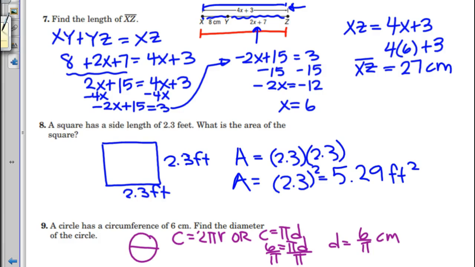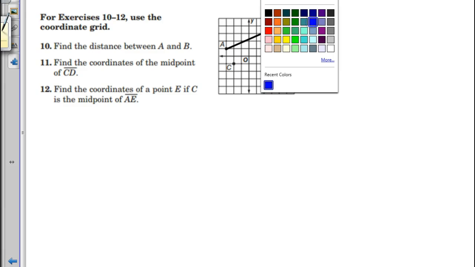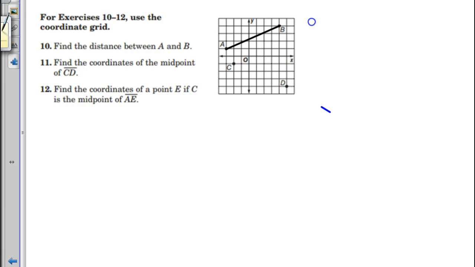All right, keep going. Number 10, find the distance between A and B. All right, so I'm looking for this distance right here. Several ways to do that. Let me get a color here. All right, I can count over and up and use the Pythagorean theorem. There's my right triangle.